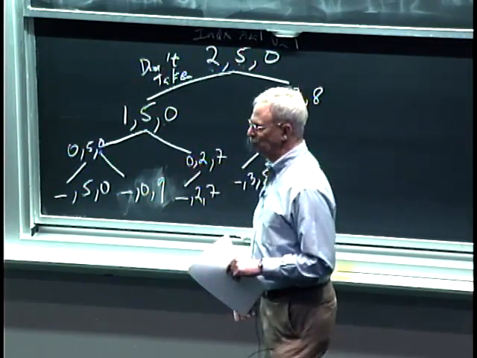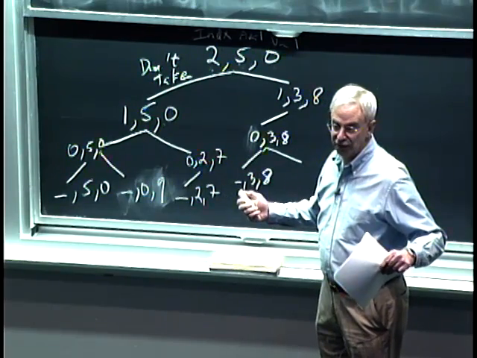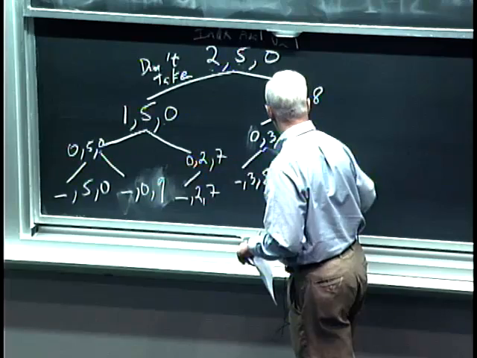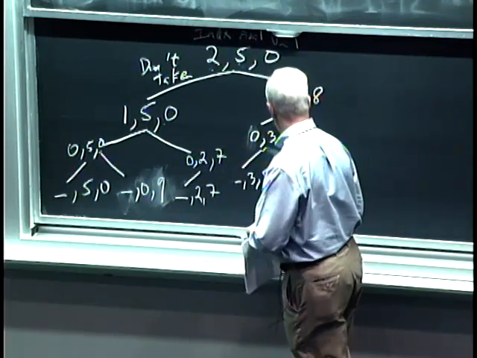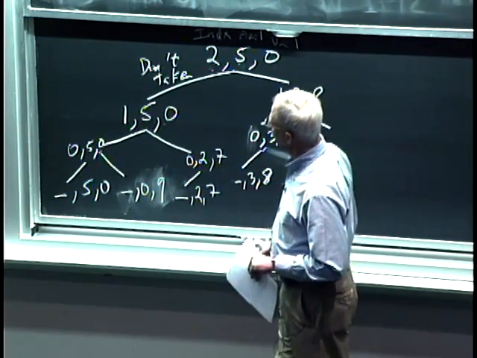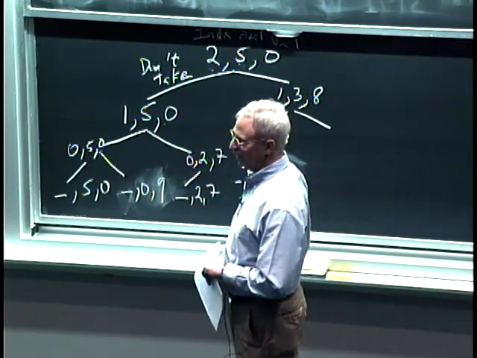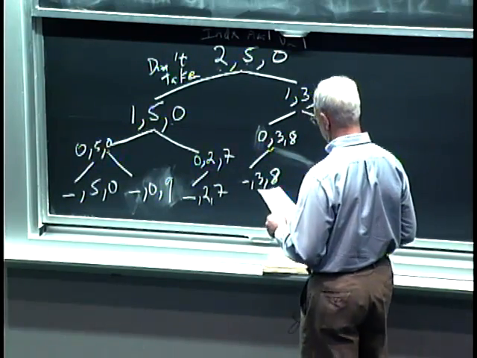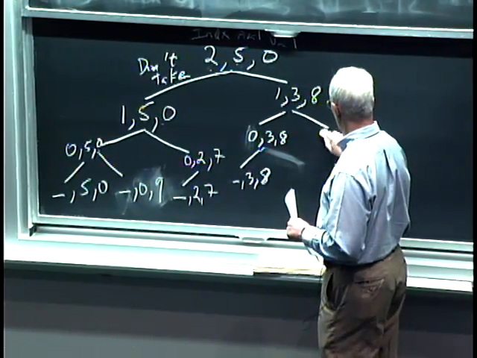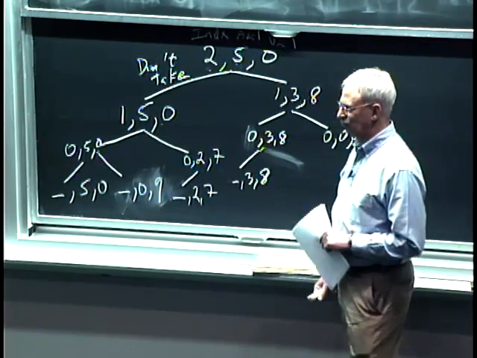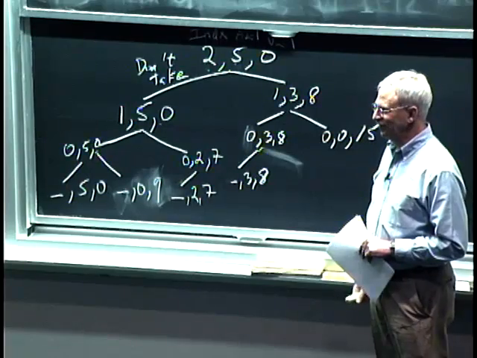Well, I can't take item 0, right? Weighs too much. So don't have that branch. Back up to here. Say, all right, can I take item 1? Yes, I can. And that gives me what? We have a winner.